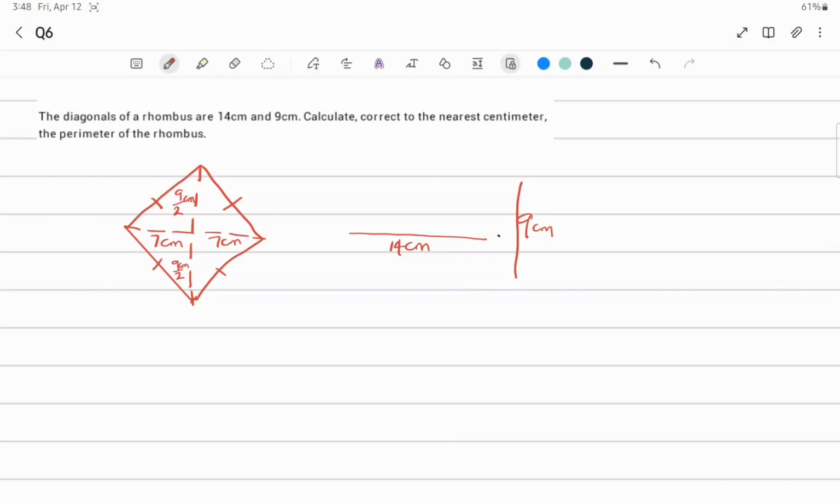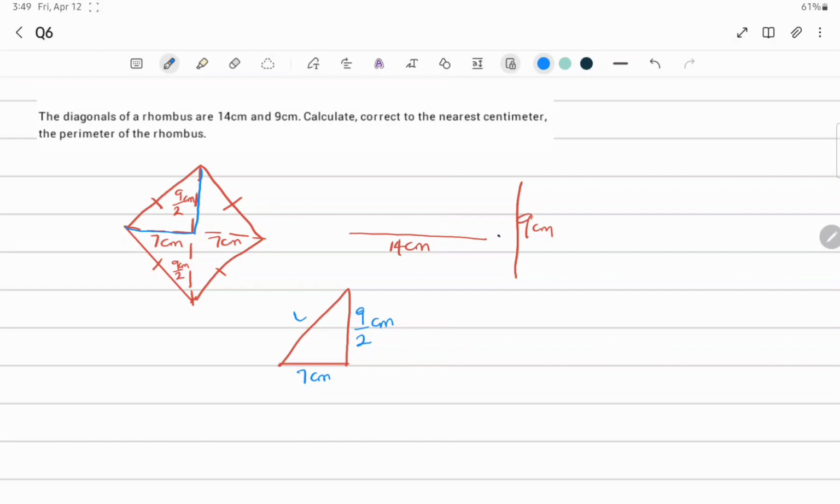So let me draw out one of the triangles that I have. This side is 9 over 2 centimeters. This side is 7 centimeters. I do not know the length of the side of my rhombus.